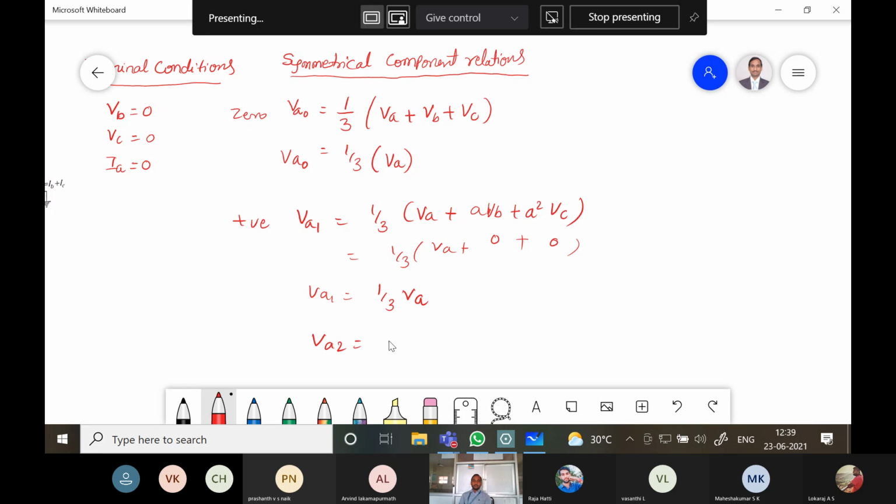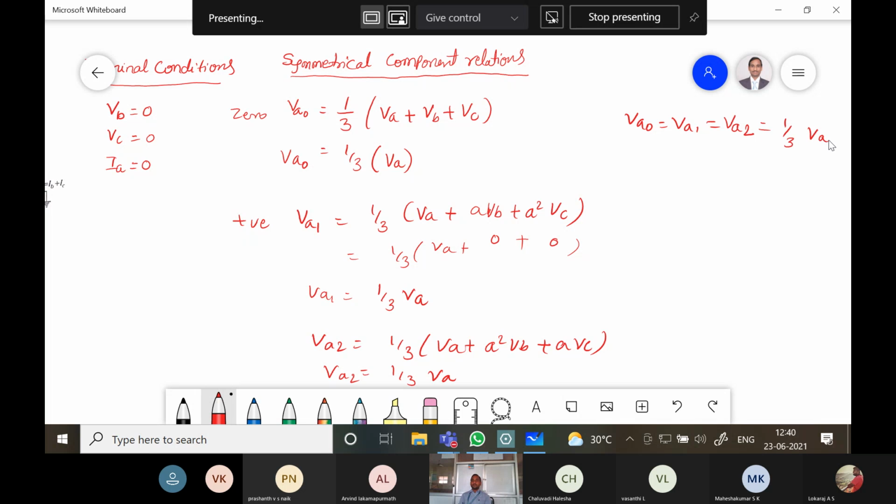Similarly, VA2 is equal to 1 by 3 times of VA plus A square VB plus A into VC. In this case also VA2 is equal to 1 by 3 times of VA. So totally, VA0 is equal to VA1 is equal to VA2. All the sequence components are equal, that is, equal to 1 by 3 times of VA.